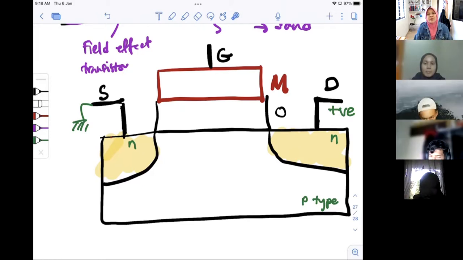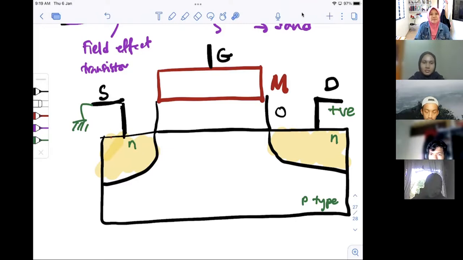See with your mind's eye. Can you see two diodes over here? Kamalia, try to see again. No? So you are blind. You don't see.